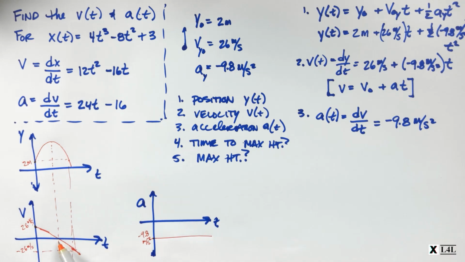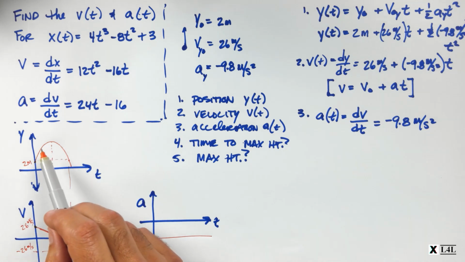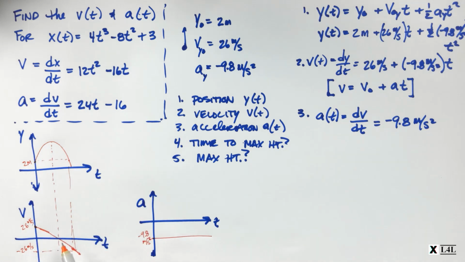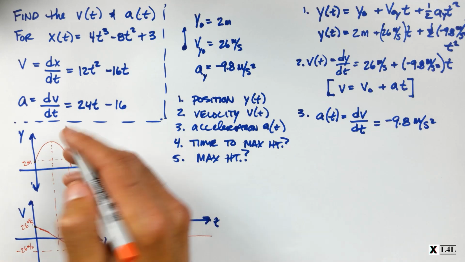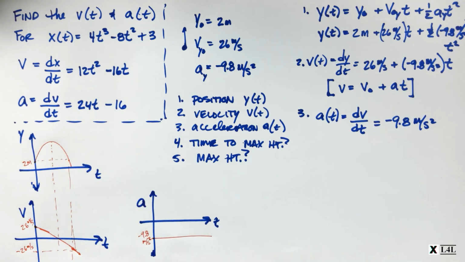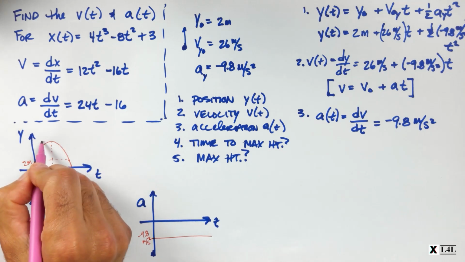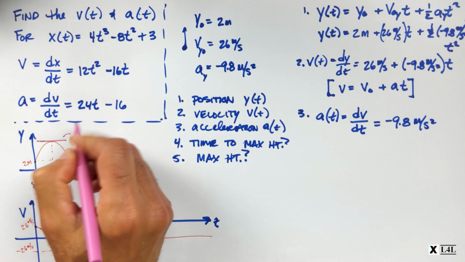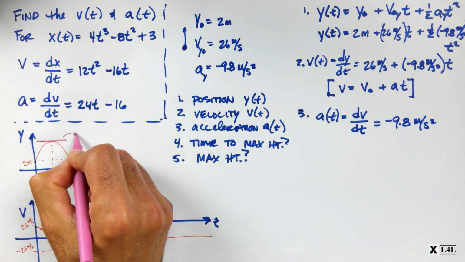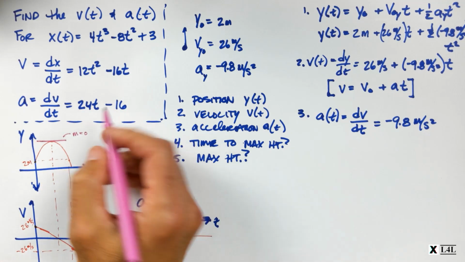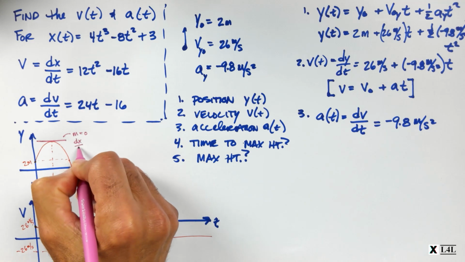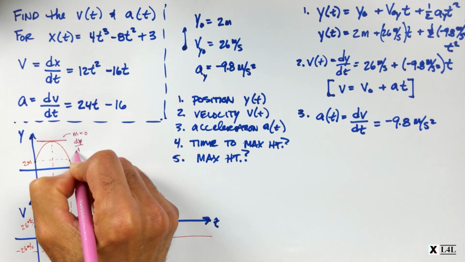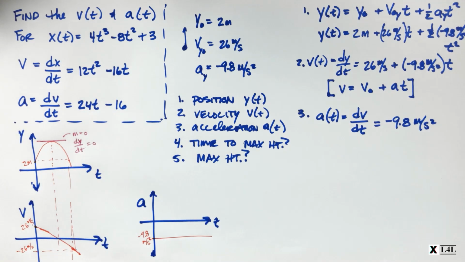Well, what we're pointing out here is that this velocity function is the first derivative of the position function. And what do we have occurring here? This is what we're calling a localized maximum value. So this right here, where the slope is 0, that means that dx, or in this case dy dt, is also equal to 0.